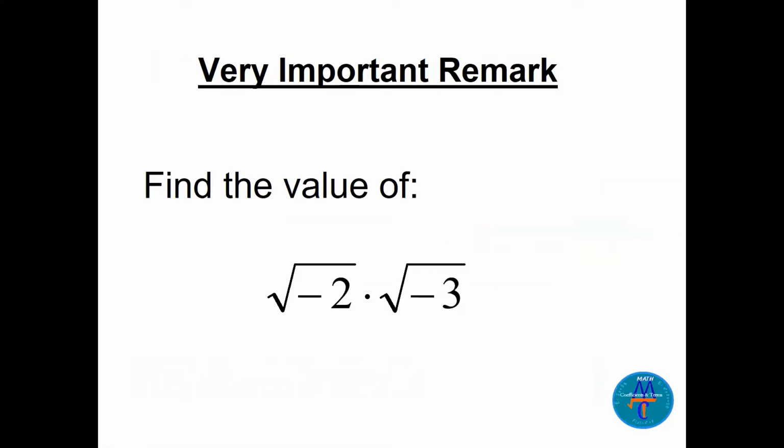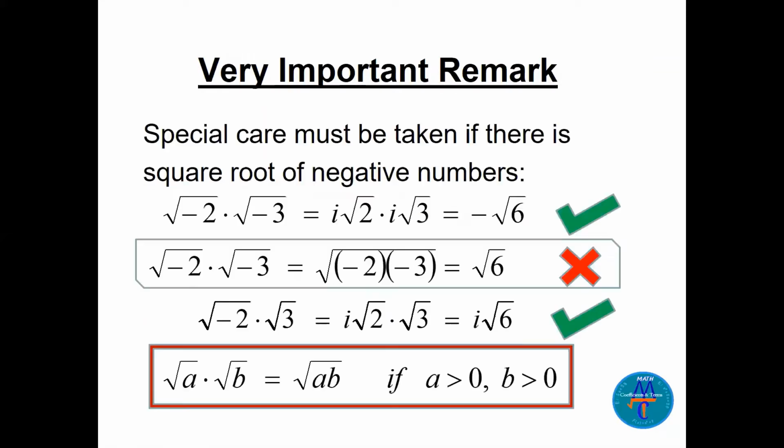Now, let's look at the value of this. Maybe you can try it yourself: square root of minus 2 times square root of minus 3. I think many people will say you multiply the numbers and get square root of 6, which is wrong. Why wrong? Because square root of minus 2 is i square root of 2, and square root of minus 3 is i square root of 3.